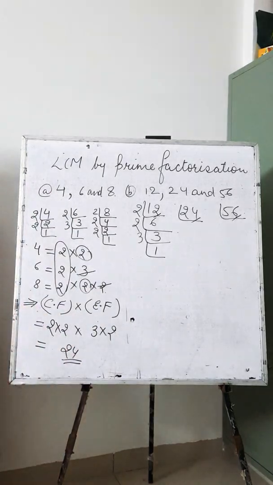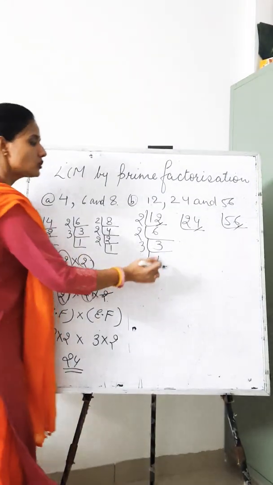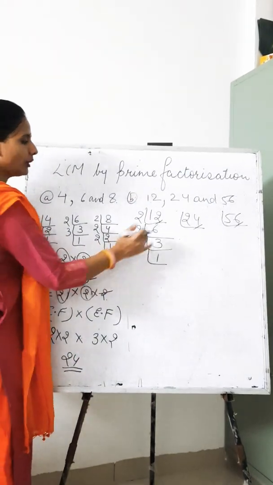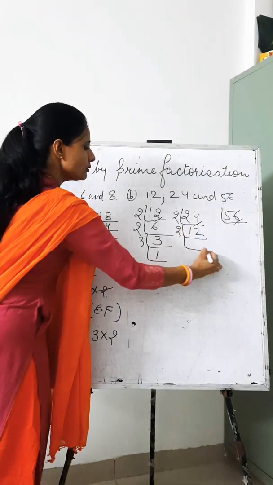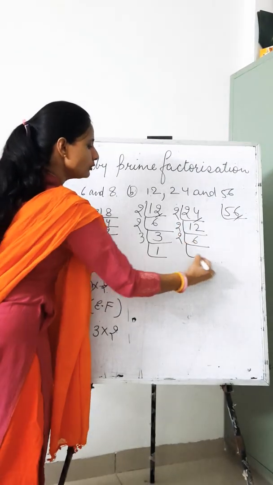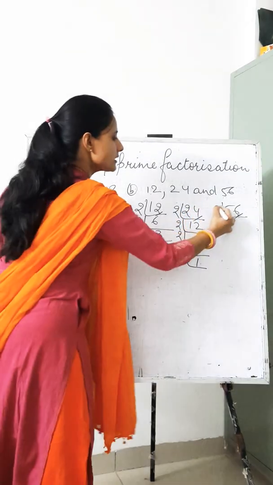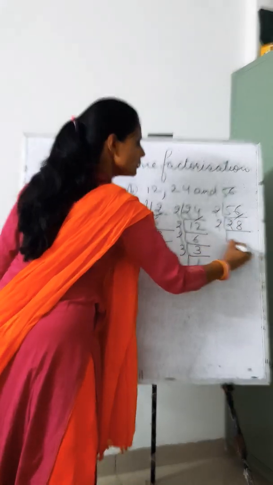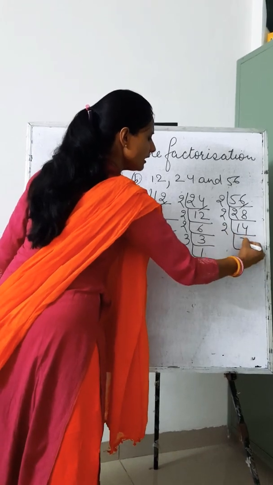As I told you, in the LCM you have to continue your process until you get 1. So 2 12s are 24, 2 6s are 12, now 2 3s are 6 and 3 1s are 3. Here 56, 2 2s are 4, 2 8s are 16, 2 1s are 2, 2 4s are 8, now 2 7s are 14 and 7 1s are 7.